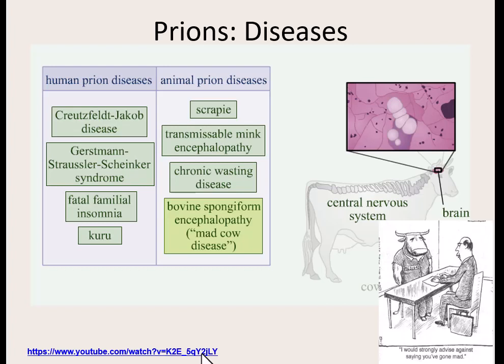You know, the problem is a lot of these prion diseases are very slow, progressive nervous system diseases. You might not even know you have this prion in your nervous system for 30 or 40 years, and then all of a sudden 30 or 40 years goes by and you develop it. How do you know for sure that it came from that one deer that you ate 30 or 40 years ago?